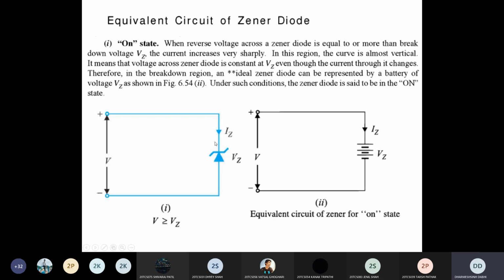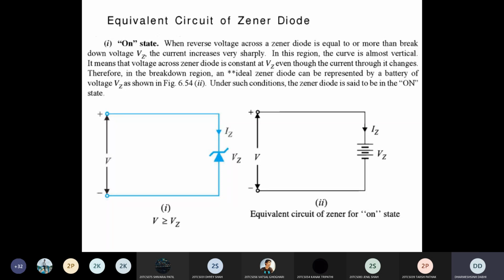You can see that I represent this Zener diode in the second circuit by a battery, because even if you apply 60 volt here, the voltage across the Zener diode remains how much? 50 volt, because 50 volt is the Zener voltage. That voltage across the Zener diode remains constant. As we see in the practical case also, after a 10 volt supply voltage, your Zener voltage remains almost constant.